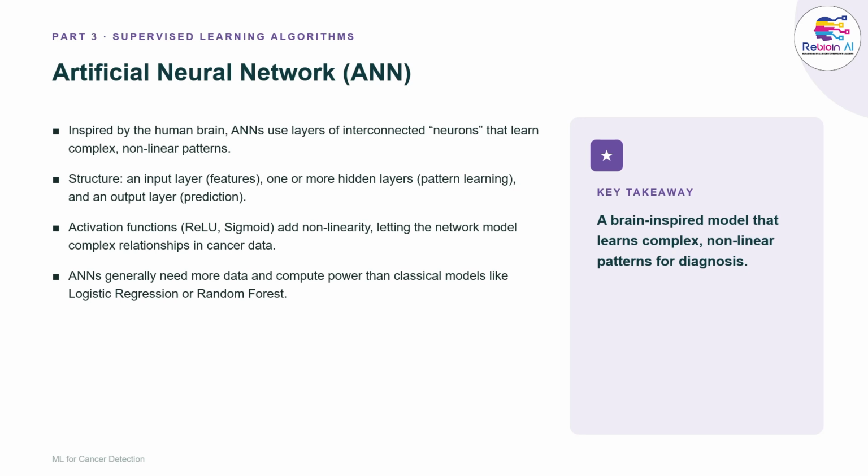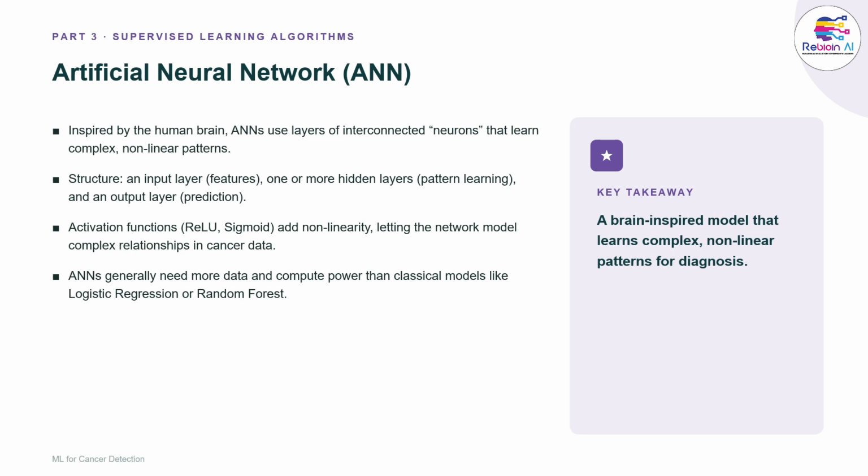Now, we step into a genuinely different family of models, that is, artificial neural networks, loosely inspired by how neurons in the brain connect and fire. An ANN is built from layers of small computational units, that is, neurons, which are connected to each other.